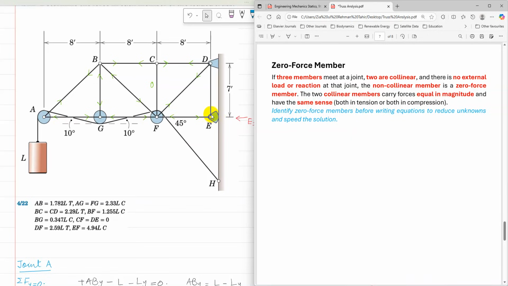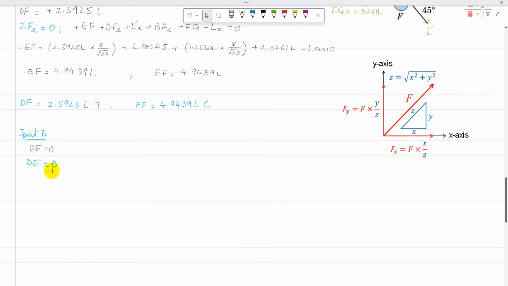At joint E, there is no external load, so DE will be equal to 0, using the rule about zero force members. So DE is equal to 0 by inspection.